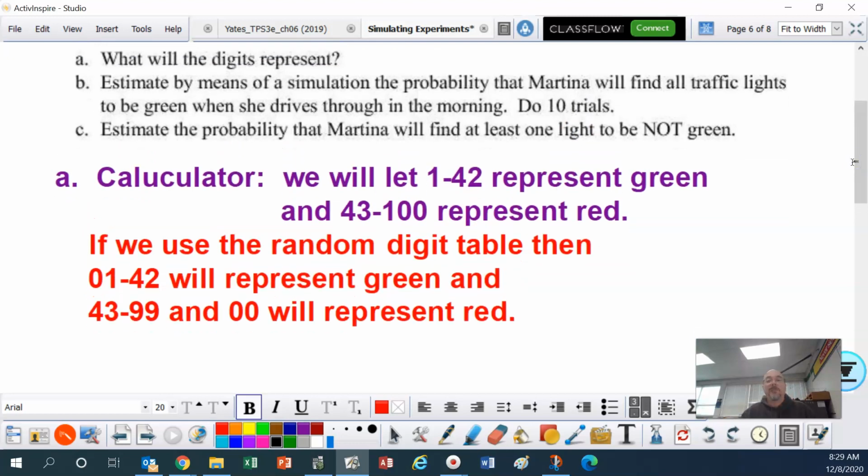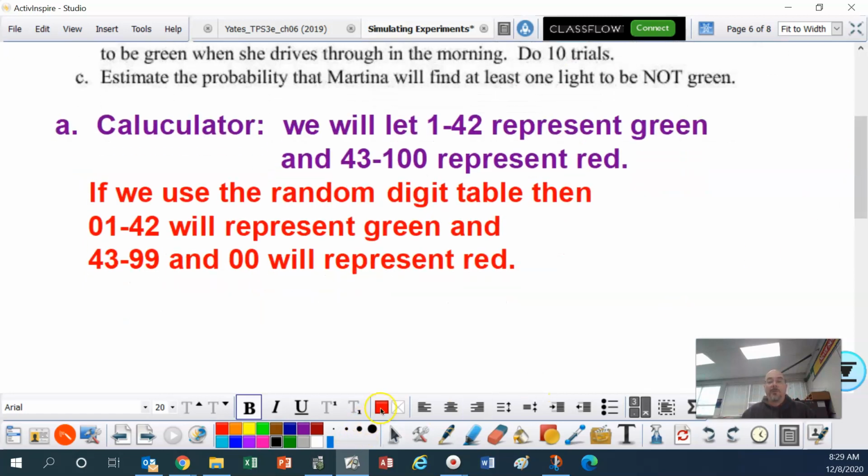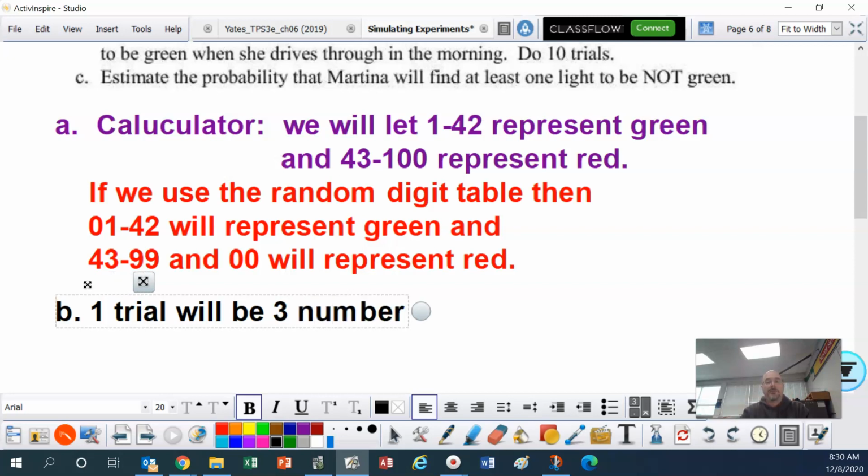Part B, estimate by means of a simulation the probability that Martina will find all traffic lights to be green when she drives through in the morning. Okay, so part B, ladies and gentlemen. So what I'm going to do is say one trial will be 3 numbers.